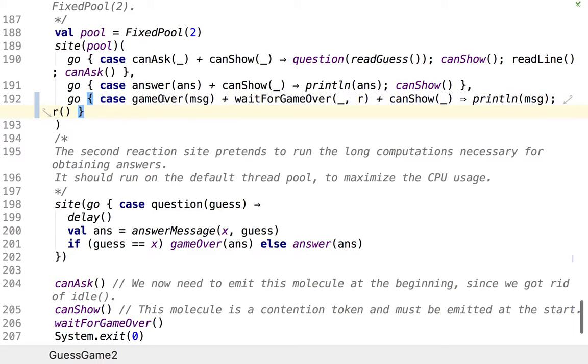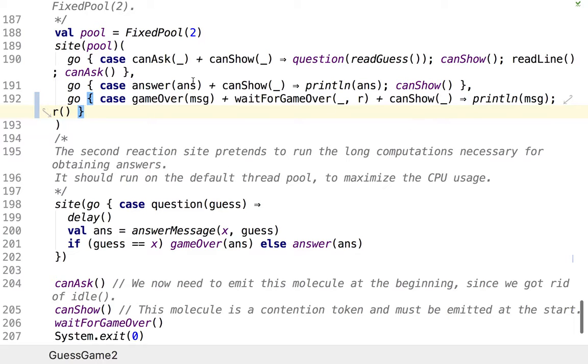Because I want to print the final message that the game is over, but I shouldn't be doing this while the user is entering another question. So if the user decides to enter another question at the very end, fine, let's wait until the user is finished, and then we can say that the game is over.